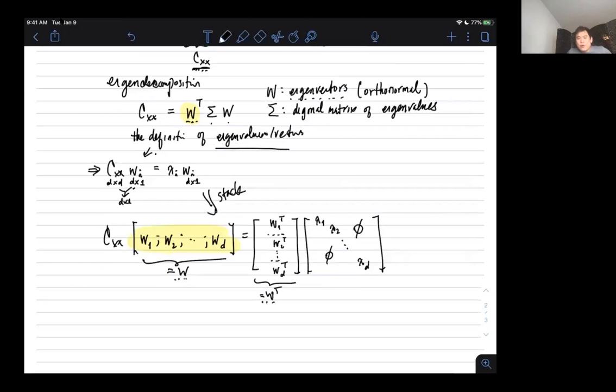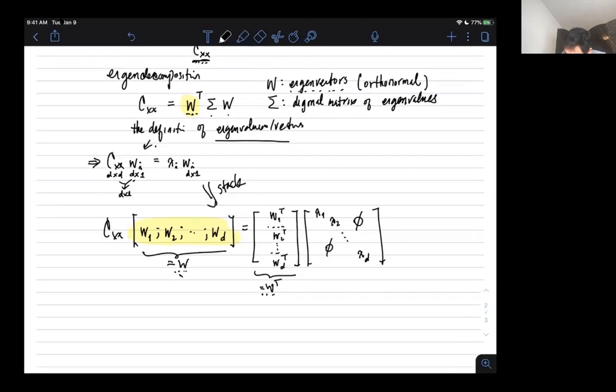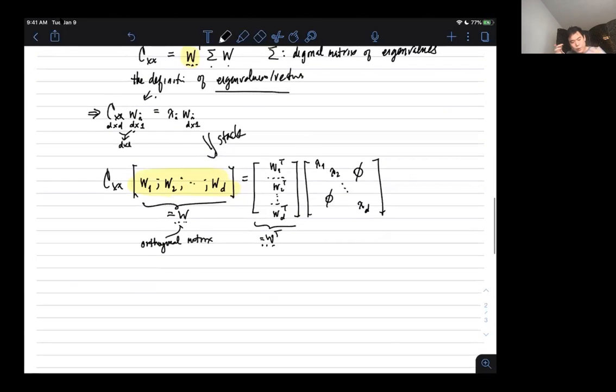We can also make a version with orthogonal vectors, but we're going to stick to the orthonormal version. What it means is that this W is an orthogonal matrix, and also an orthonormal matrix. It's essentially the same thing, except that each vector could be scaled or not. In this case, a very interesting property is that W transpose W equals W times W transpose, and both of them are equal to the identity.